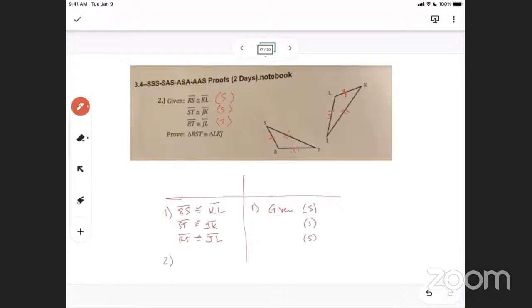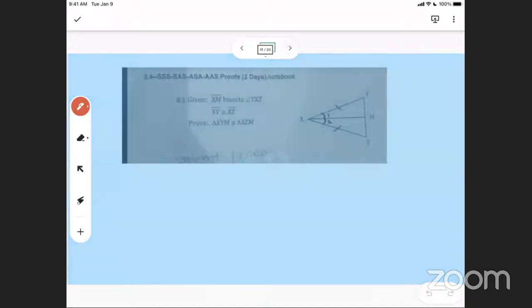And then 2, we're just going to go straight to what they want us to prove. We're going to say that that triangle is congruent to this triangle. And the reason is side, side, side. Done. Okay. So, yeah. Easy? That makes sense. Yeah.